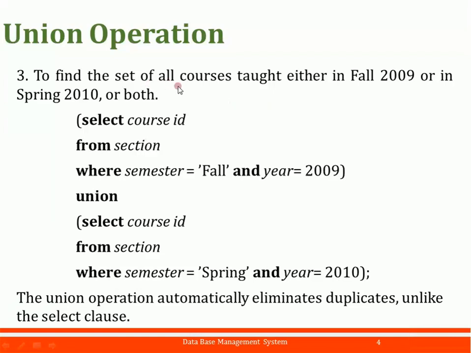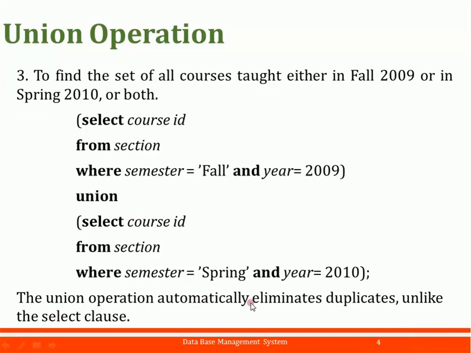So the query appears like the first subquery, that is select course ID from section where semester equal to fall and year 2009, and you have one more result which is the courses taught in spring 2010, and we are going to combine it using union. This is simply the keyword union that is going to combine both these things. So if you have duplicates, they will be eliminated automatically.